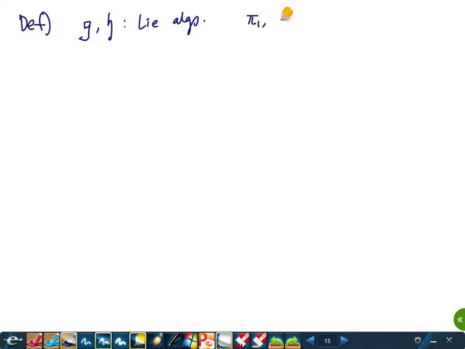Pi 1, pi 2 are representations of G and H, acting on U and V respectively.